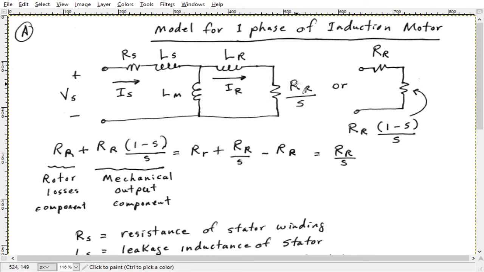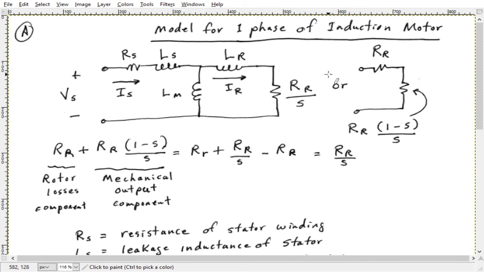Now R over S. This resistance, the current going through here squared times this, represents the power that's transferred from the stator to the rotor. Remember, the rotor has no direct connections to any power. It's just some shorted turns where the magnetic field induces current and voltage inside the core of the rotor. This represents the amount of power that's actually transferred to it.